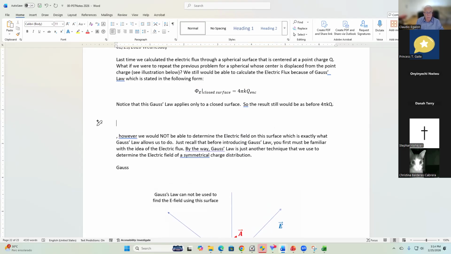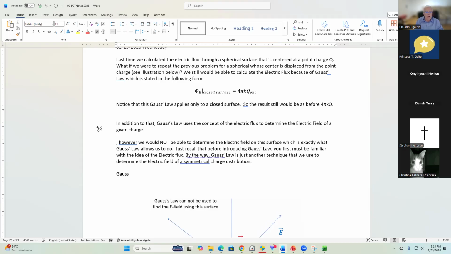In addition to that, and I mentioned that before, Gauss's law uses the concept of the electric flux to determine the electric field of a given charge distribution.